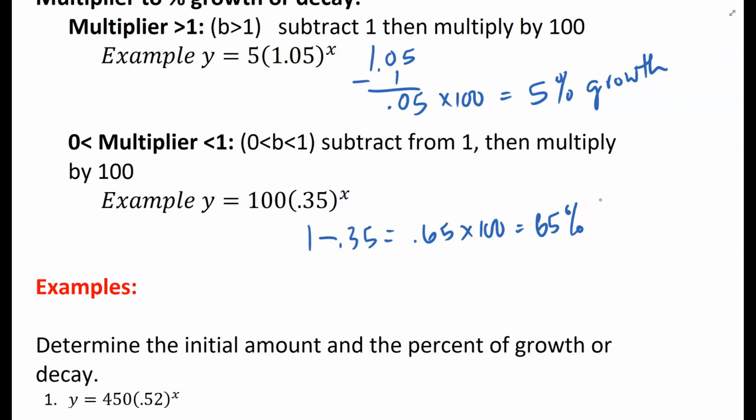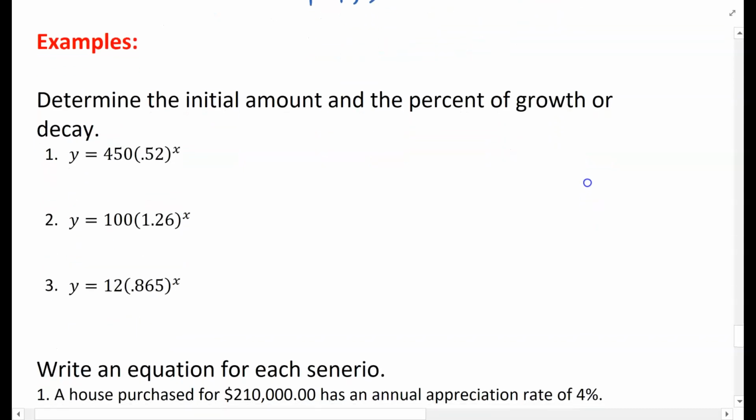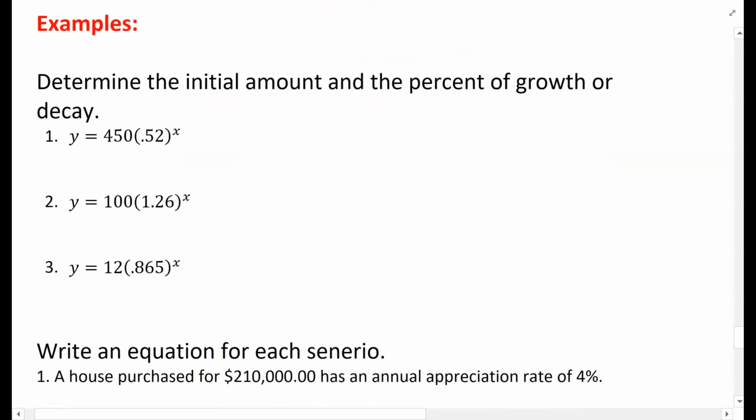They may ask you, how much is it decreasing by? It's not decreasing by 35%. It's decreasing by 65%. It's how much is left. If 35% is left, then 65 is what we were taking away every time.